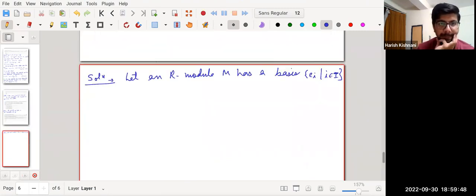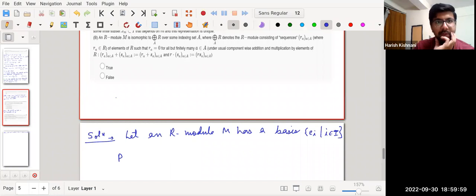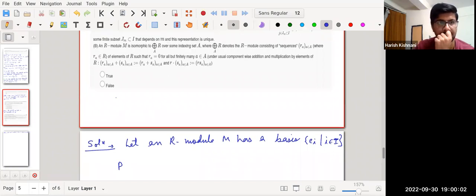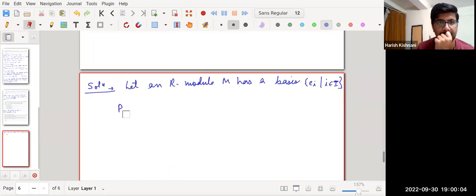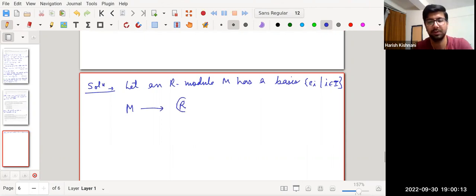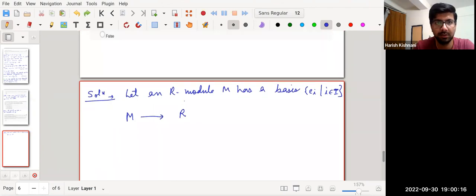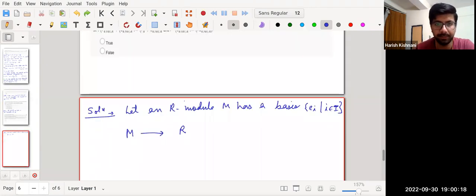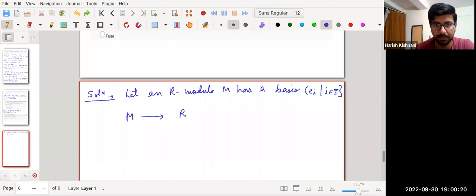From M to the direct sum of R over I, we can define a map in the following manner.